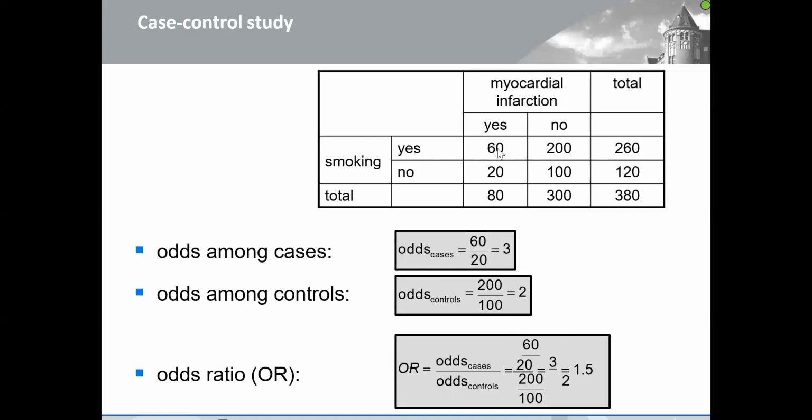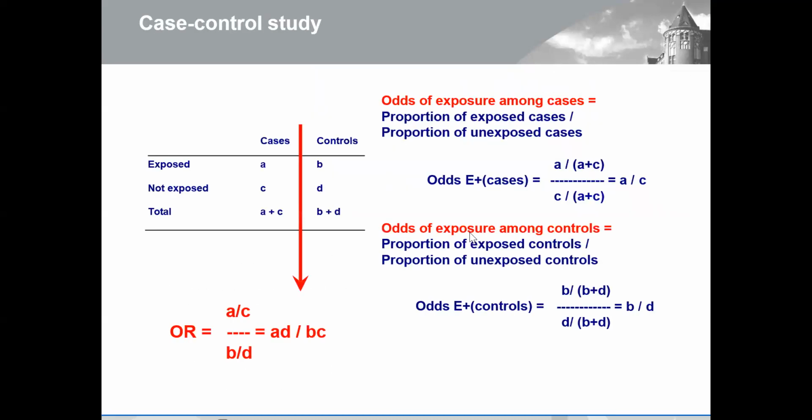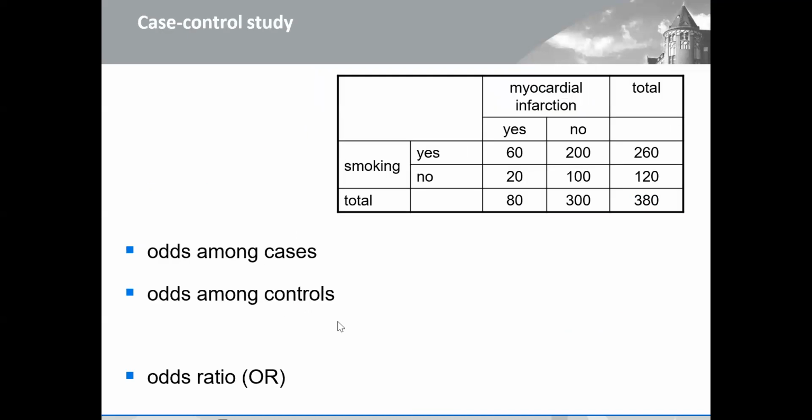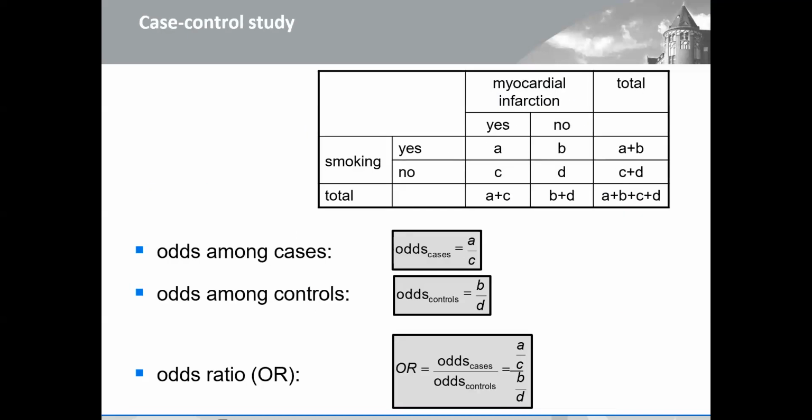The other easy formula for getting our odds ratio is the cross product, where you say 60 times 100 divided by 20 times 200, which is A times D divided by B times C, and you get 1.5.